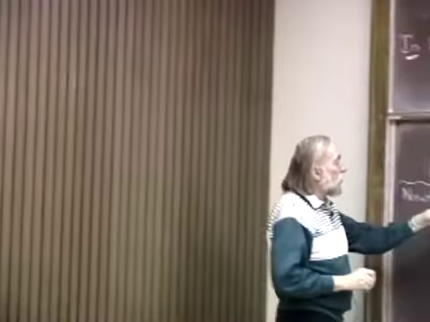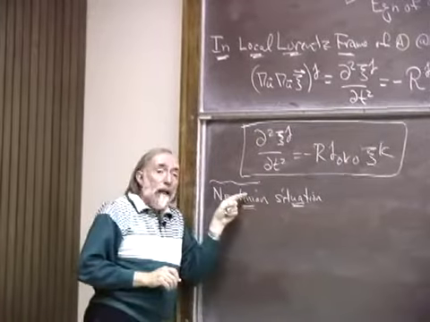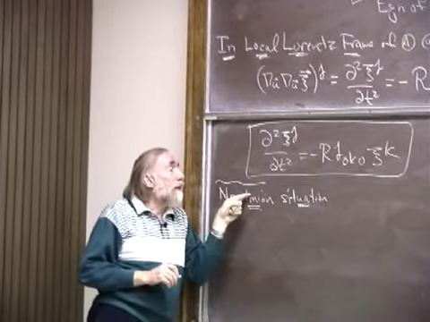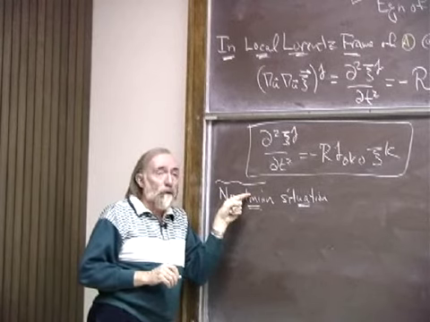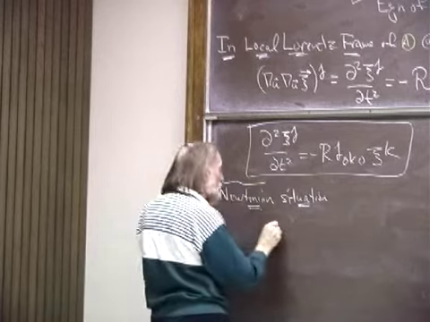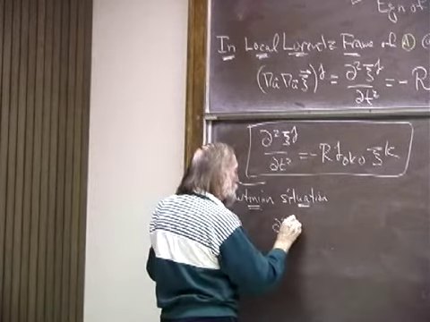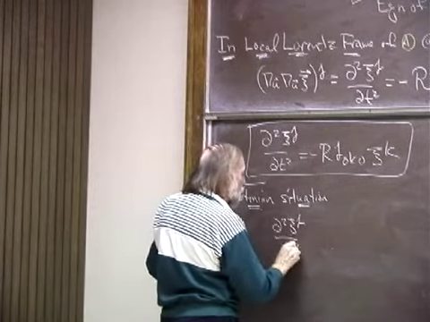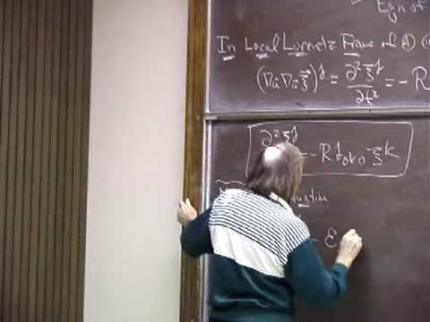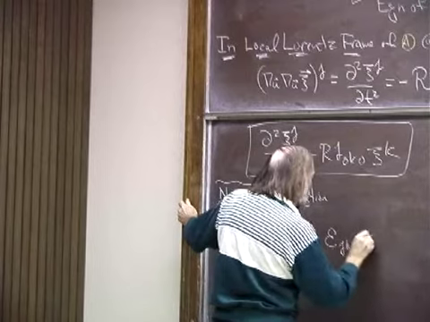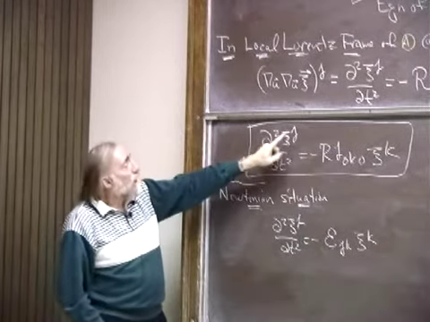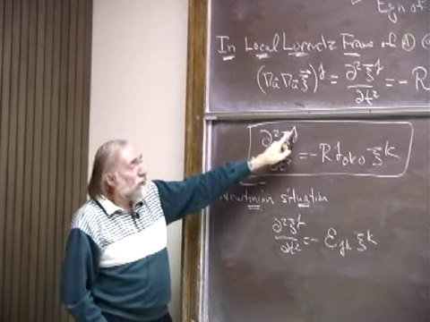In a Newtonian situation, I derived a week ago Monday a formula for the tidal acceleration between two particles like this. And that formula said d squared cj dt squared is equal to minus Ejk ck.